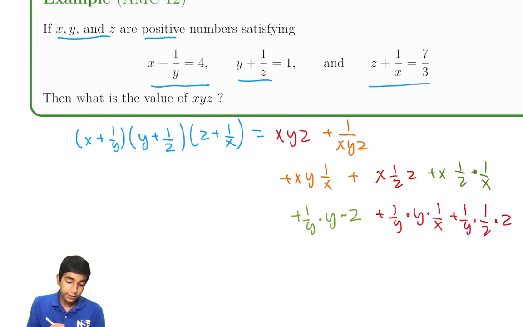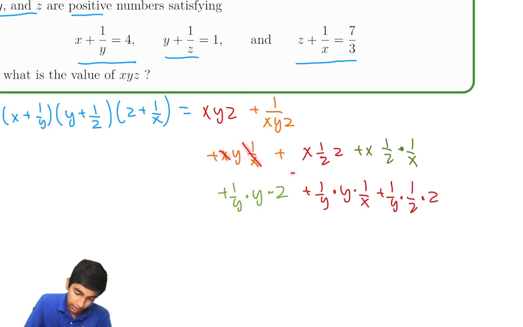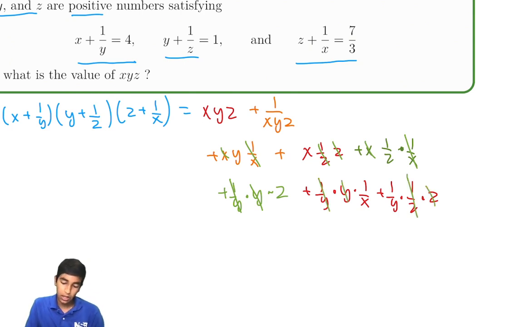So I showed it here just to be clear, but what you can notice is that this expansion is symmetric. So if you actually cancel these terms out, x and 1 over x cancel out. The z and 1 over z terms cancel out. The x and 1 over x terms cancel out. y and 1 over y cancel out. And same thing here, z and 1 over z cancel out.